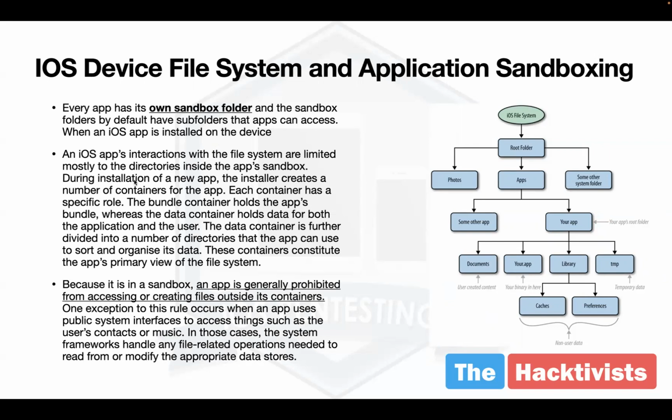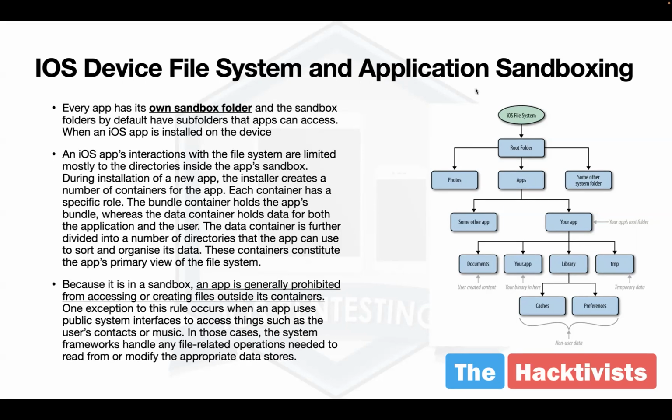Whenever an application is installed, it creates folders to store its own data, like temporary data, credentials, preferences, and configurations. That particular folder will not be accessed by any other application. That isolation is what we call application sandboxing.